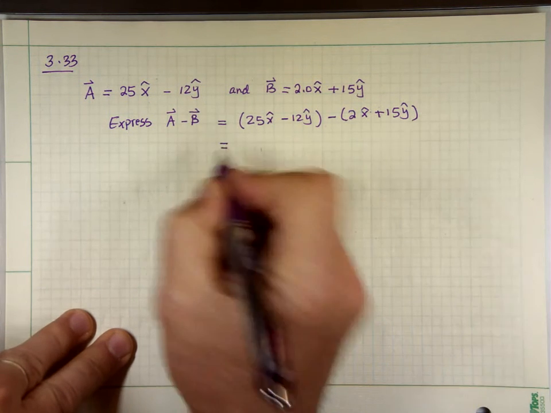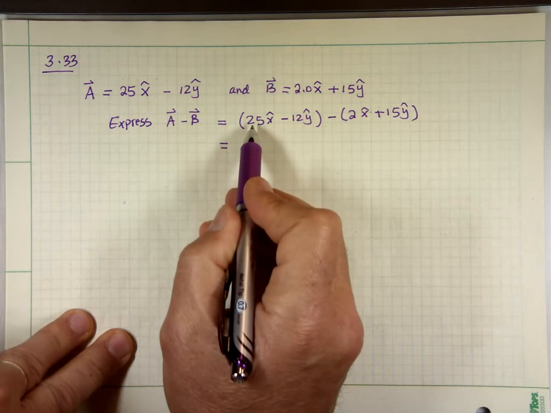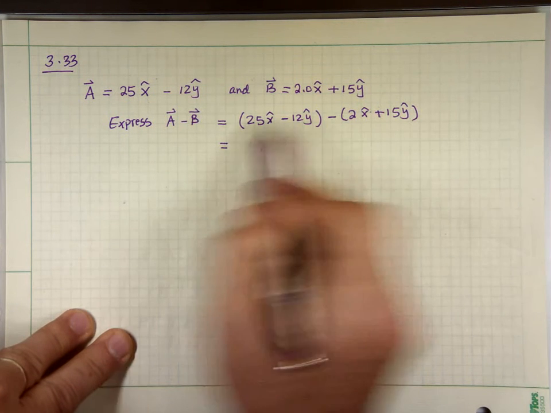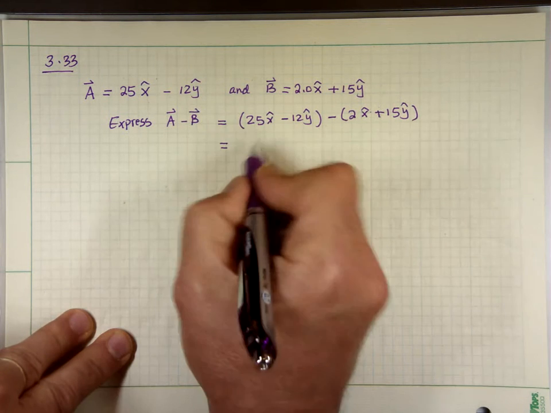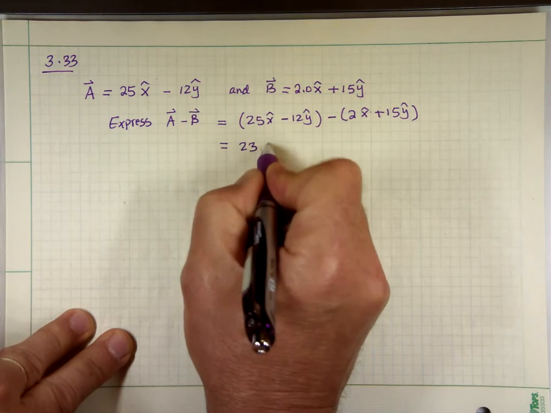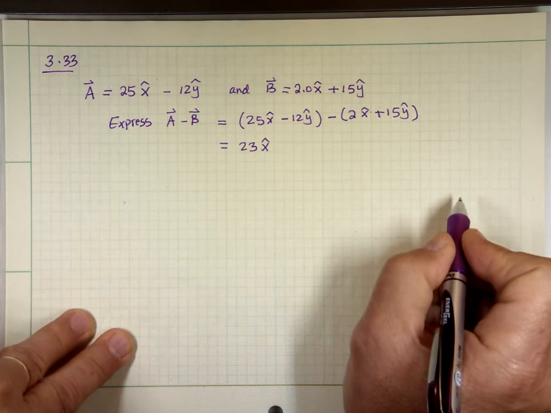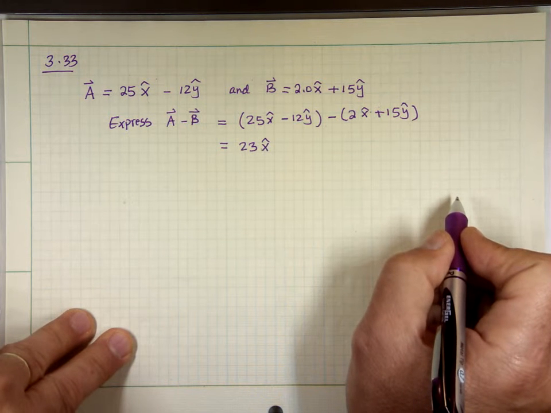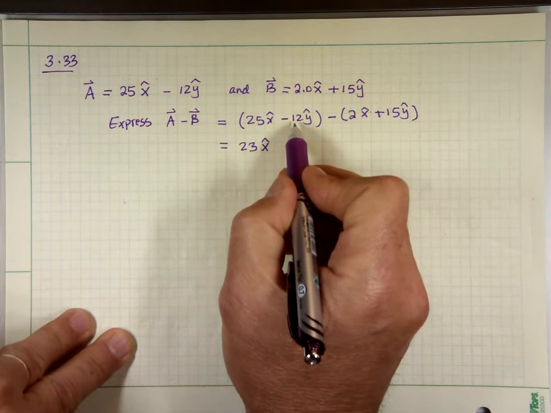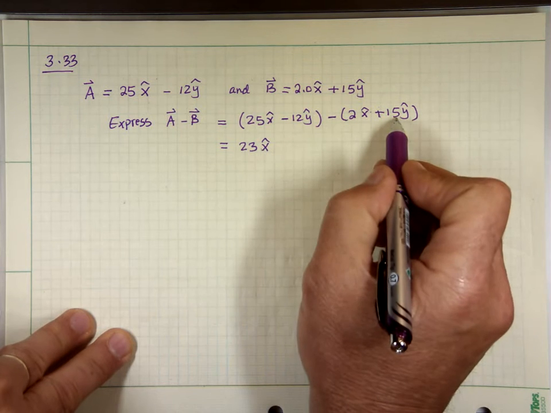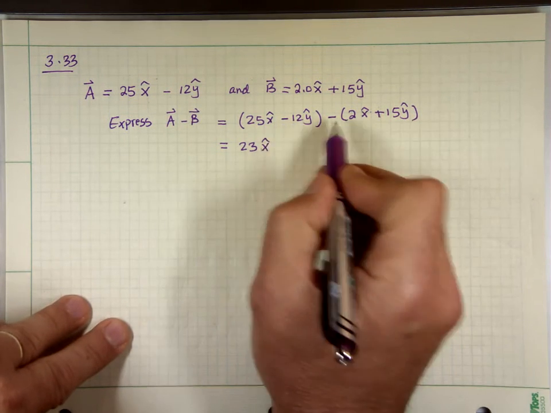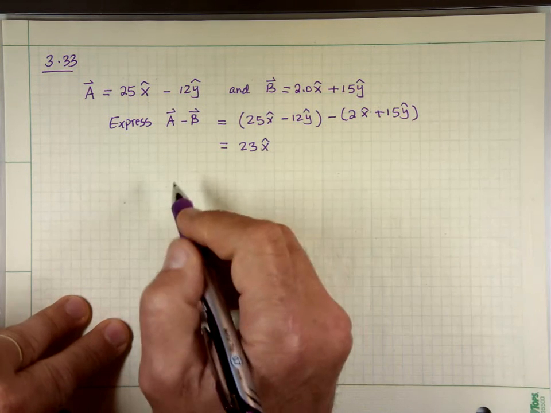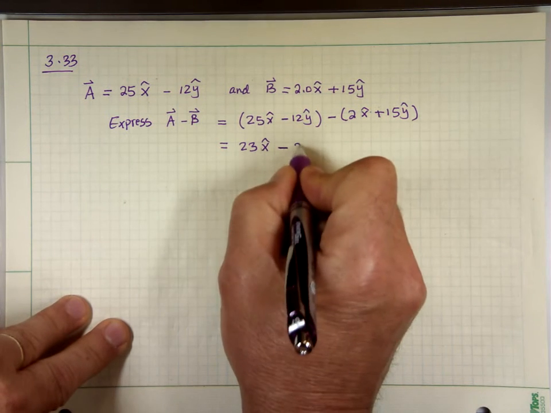When you subtract the x from the x, 25 minus the 2, which is what? Is that 23 in the x direction? And in the y direction, what's negative 12 minus the 15? Negative what? 27 in the y direction.